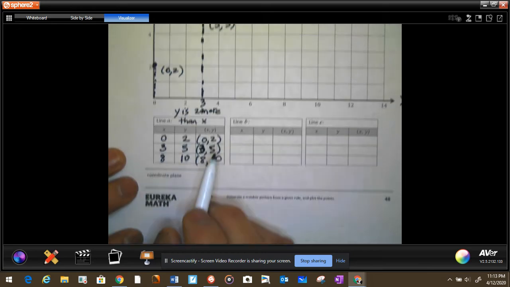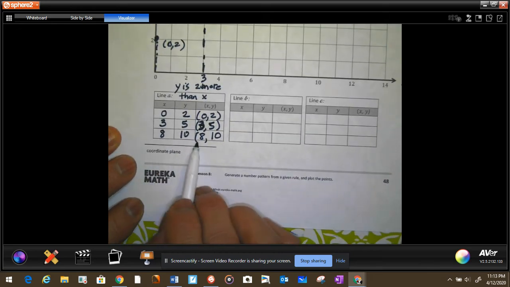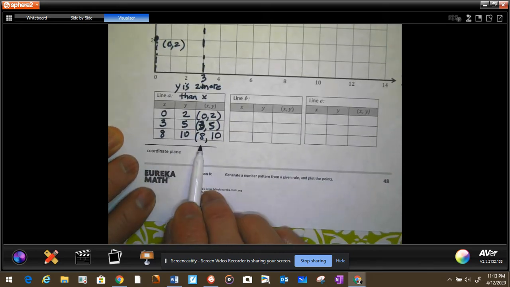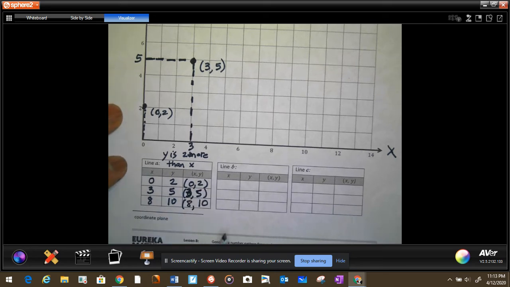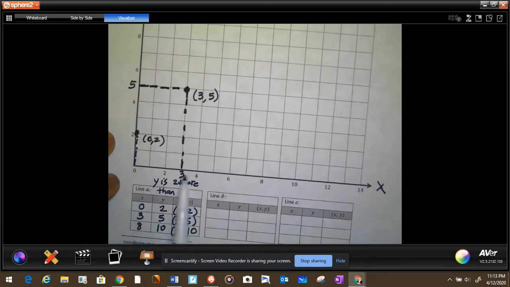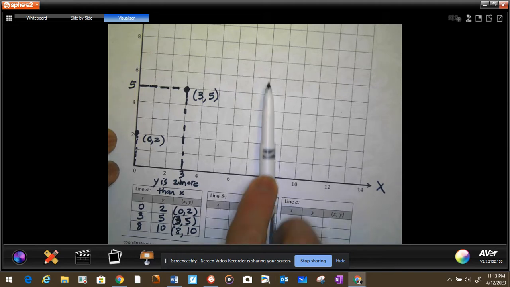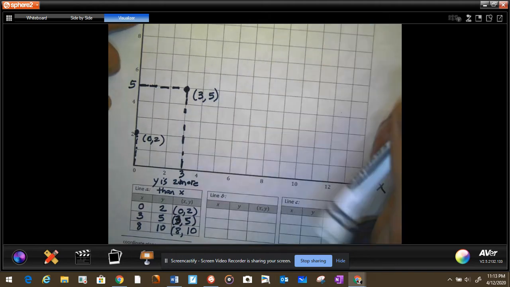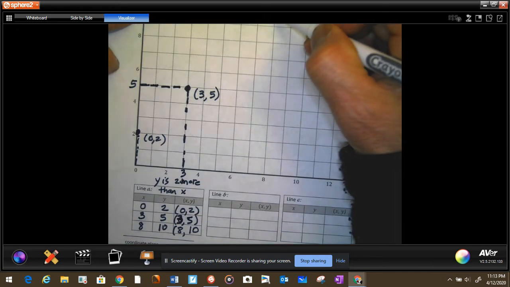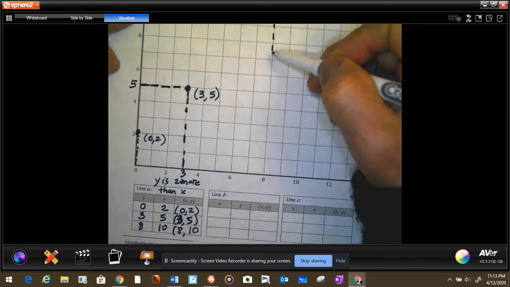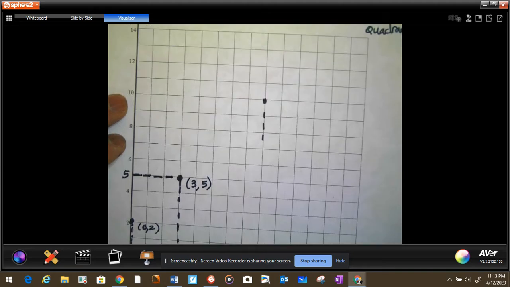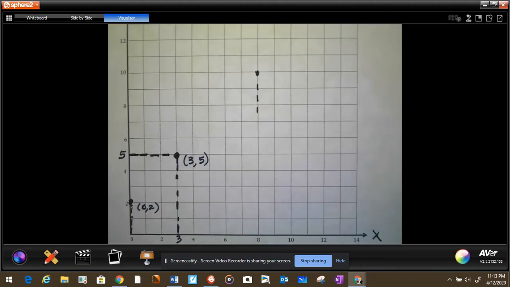Our next point is going to be (8, 10). So we're going to run to 8, and then we're going to jump to 10. That's where they're going to meet, right here. I'm just going to make the line so you can see. Let me show you in the video. Again, my apologies, I need to move my camera.